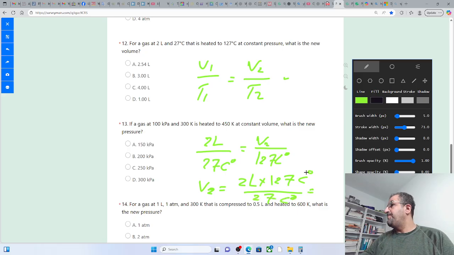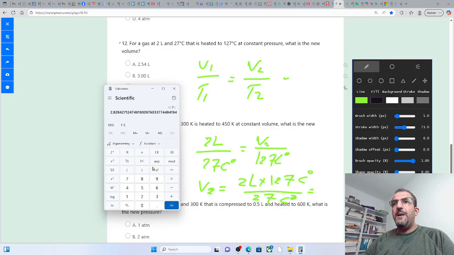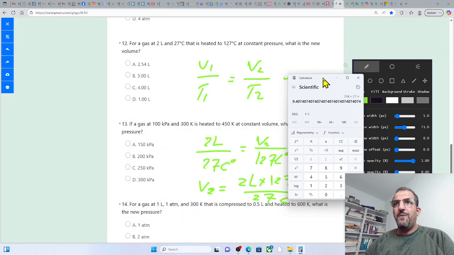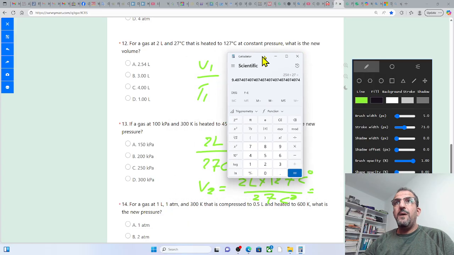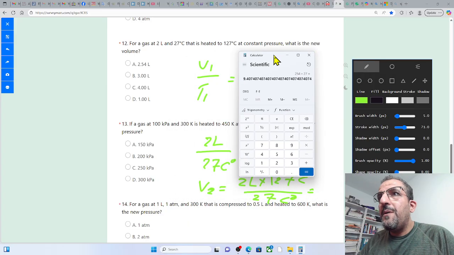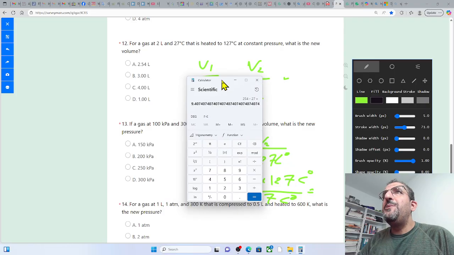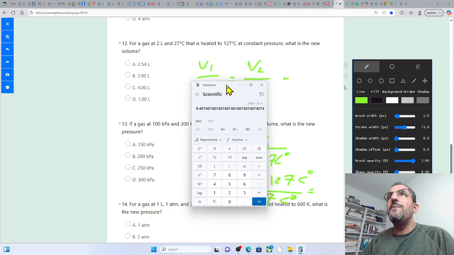That's equal to, we need now to use the calculator. So we have 2 times 127, and then we divide by 27, so that gives us like 9.4. Am I right? Do we need to convert to Kelvin?